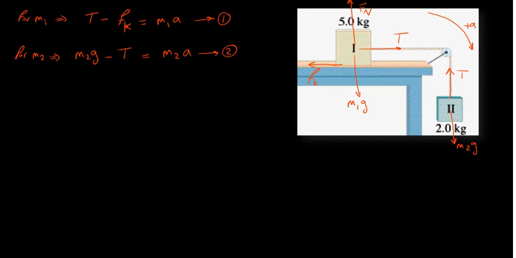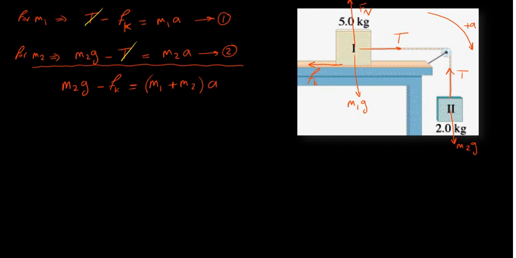Now again, the tension is the common item between the two equations, which means when I add the two equations together, the tension will be eliminated, and that will give me m2g minus the kinetic friction force equal (m1 plus m2) multiplied by the acceleration.